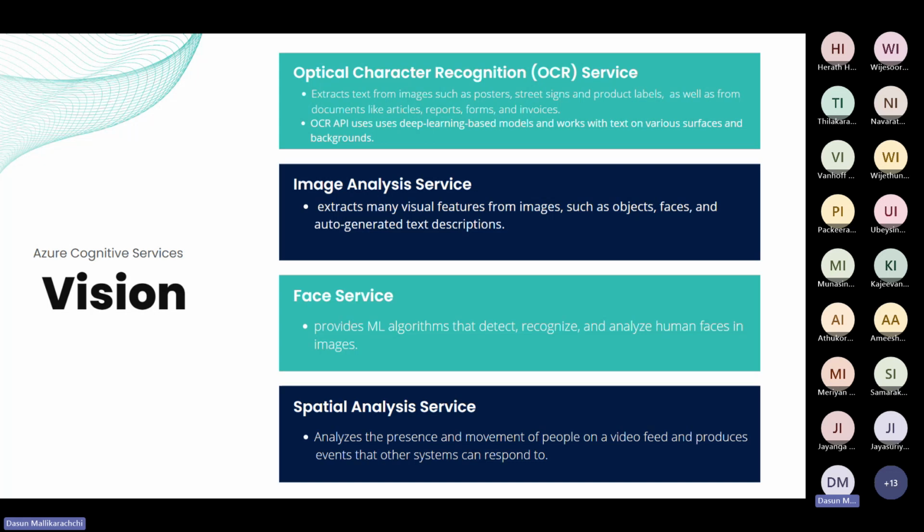Having the ability to automate the process of extracting text from images is a huge advantage. The OCR service of Azure AI uses deep learning based neural network architecture models that handle text of various styles and backgrounds, and it is able to extract that image information into natural text.